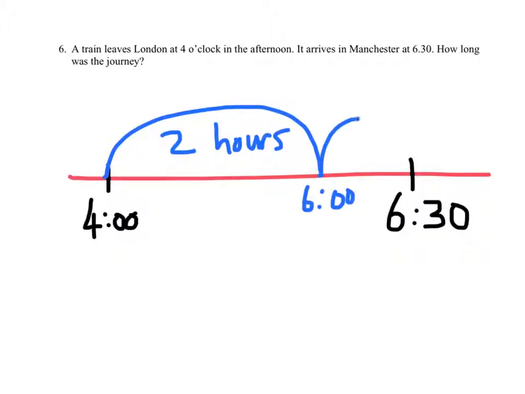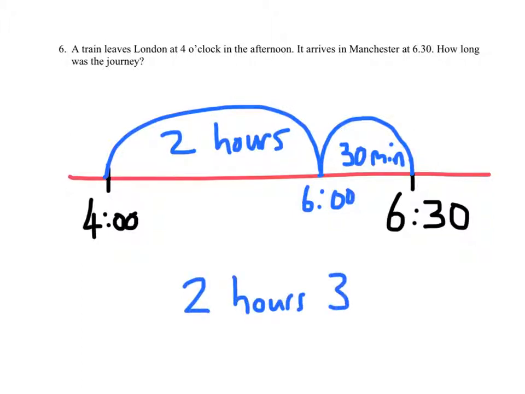And we know that from 6 o'clock to 6:30 is another 30 minutes or half an hour. So how long was that journey? 2 hours, 30 minutes, or 2.5 hours.